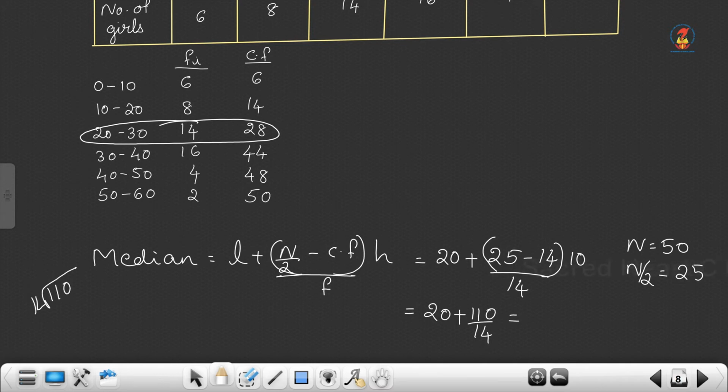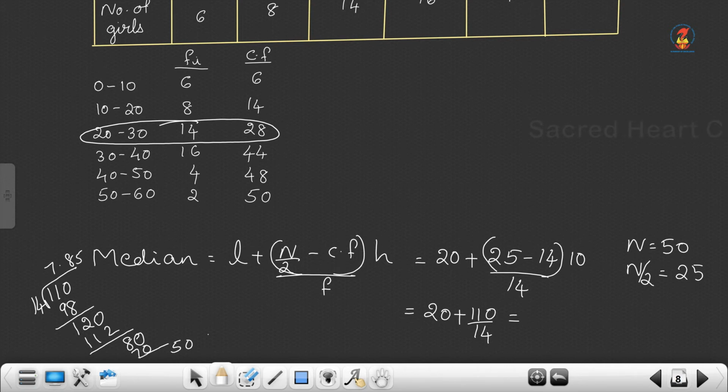110 by 14. 14 sevens are 98. So 98. Then you will get 12. Then in 120. So decimal. 14 into 8, 112. 112. Then you will get 8. So in 80 how much? 14 into 5 is 70, isn't it?